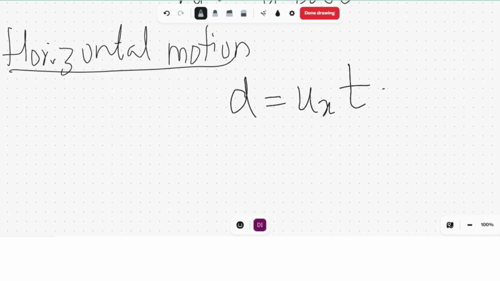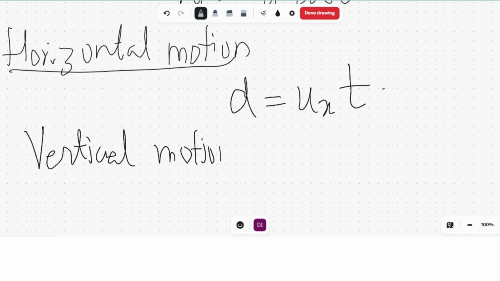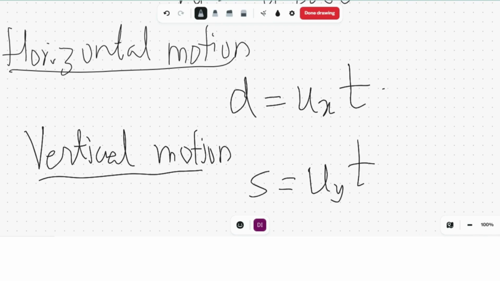Whereas for vertical motion we can calculate distance, or maximum height, by s is equal to uy, where uy is equal to u sine of theta, so uy t plus half g t squared.